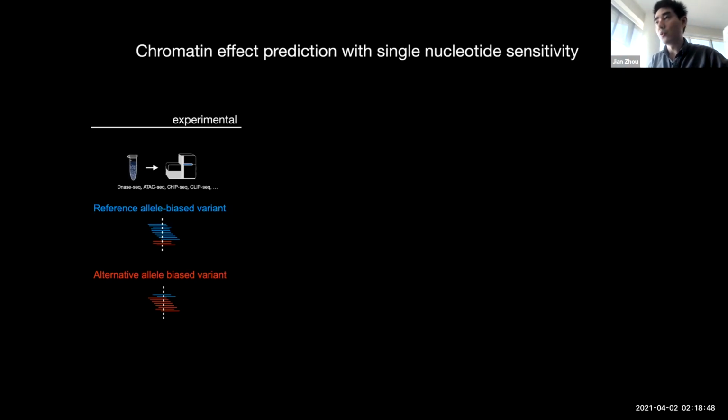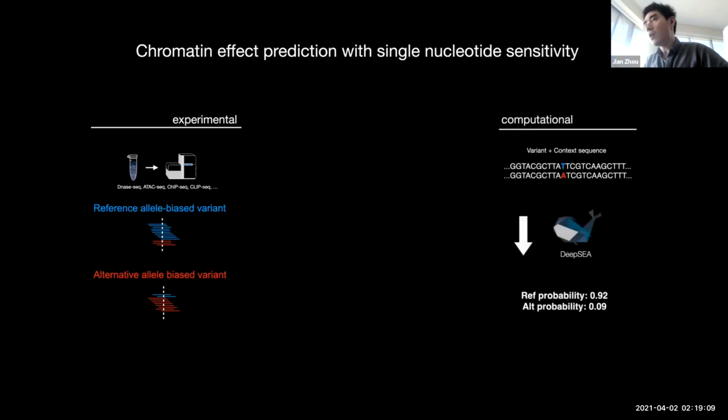So for example, if the reference allele is more represented in this data set, this may indicate that this allele could be more DNA sensitive than the alternative allele, and vice versa. And with this, we can get a large number of putative variants that have an effect on the DNA sensitivity. And we can now also ask the model to make this prediction.